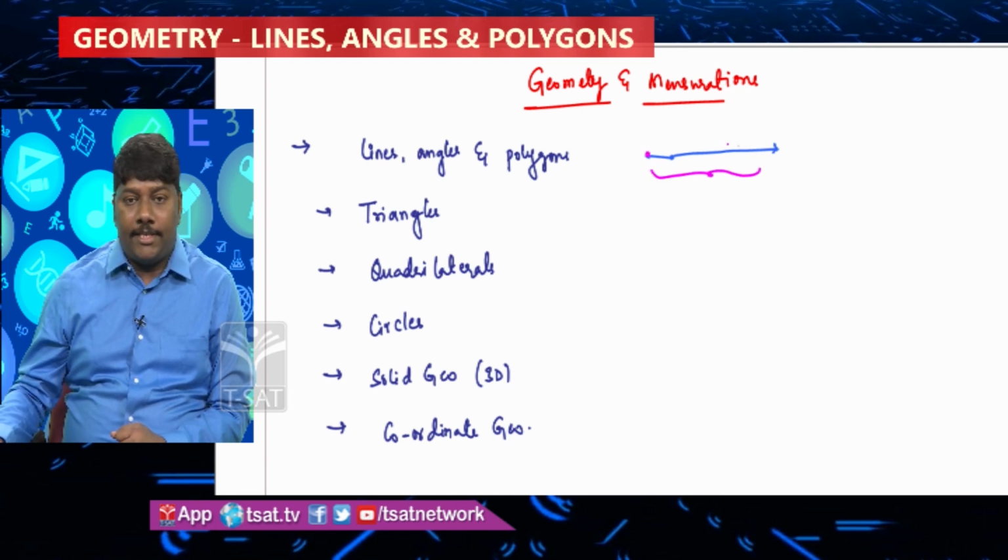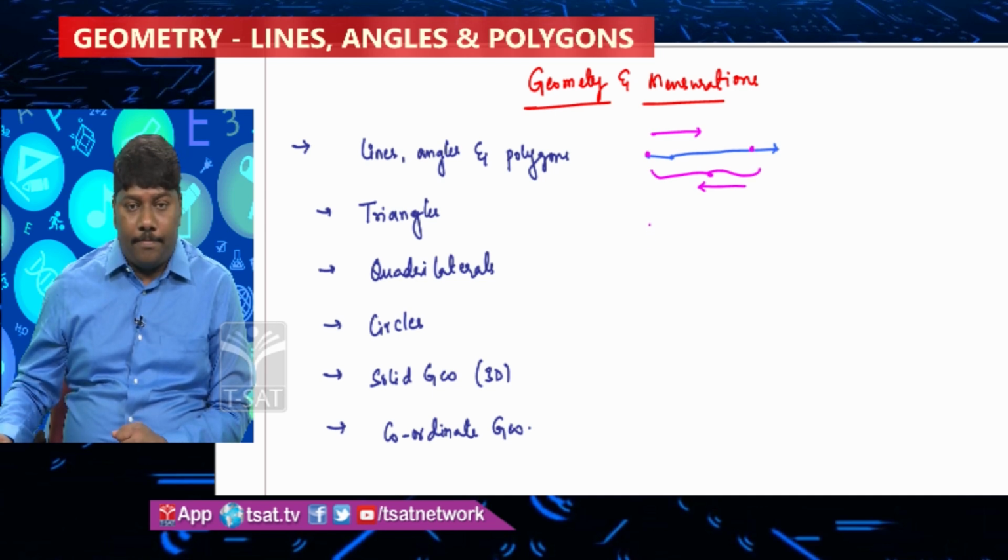Let's take it as a line segment. At any vertex of this line segment, there is only one dimension. So you can only find the length of this line segment, like a piece of thread or a pen or pencil with negligible thickness.